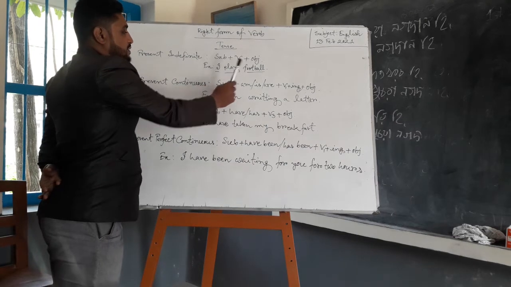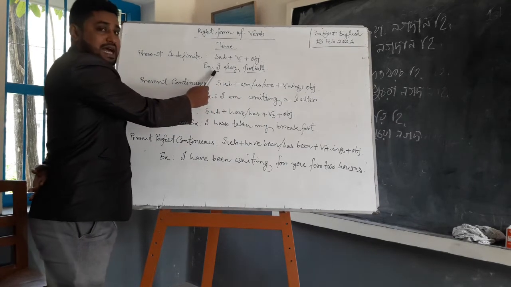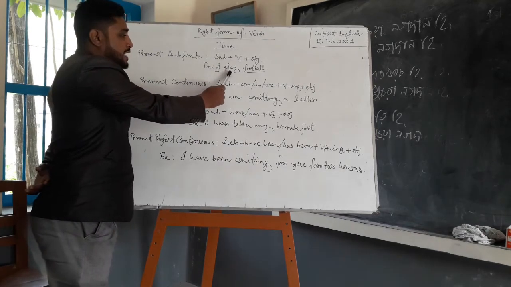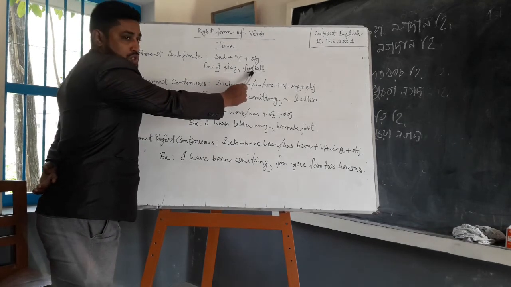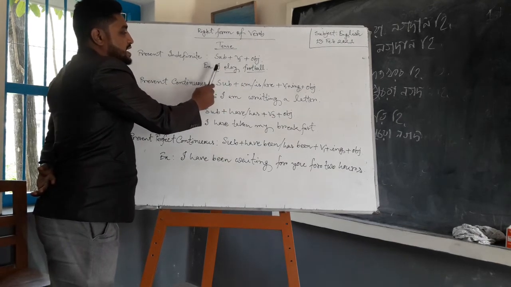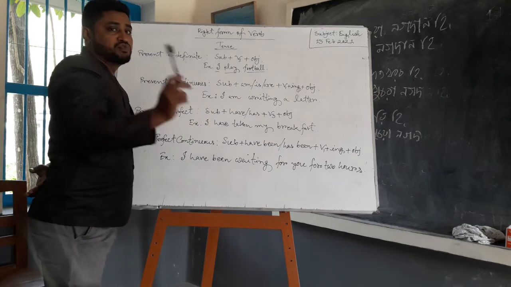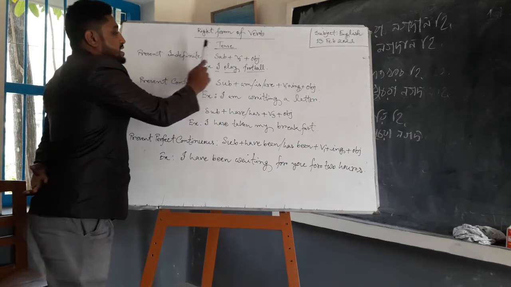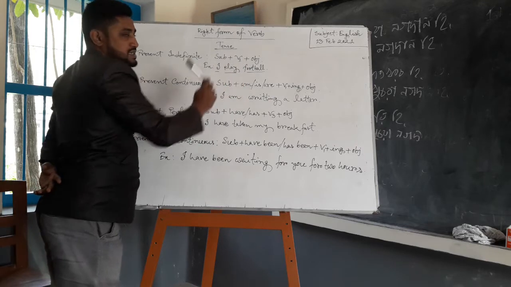I play football. Here the subject is I, and verb 1, that means present form of verb, is play, and object is football. So the sentence stands I play football, which follows the structure of present indefinite tense: subject plus verb 1 plus object.